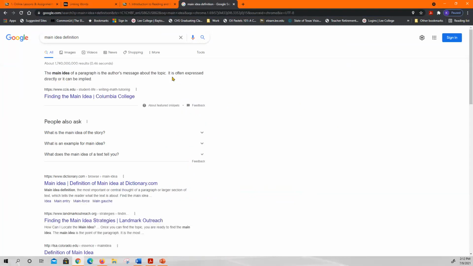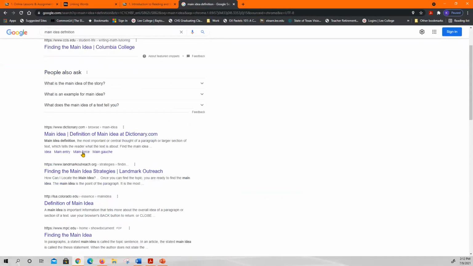So main idea of a paragraph is the author's message about the topic. It is often expressed directly or it can be implied. It's all right. I like this one better. The most important or central thought of a paragraph or larger section of a text, which tells the reader what the text is about. So the most important or central, I'm going to use focus.